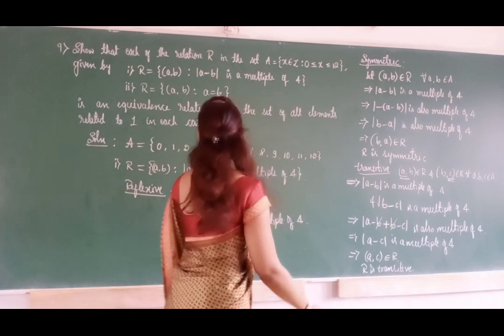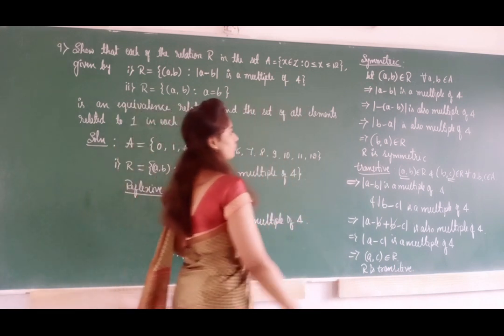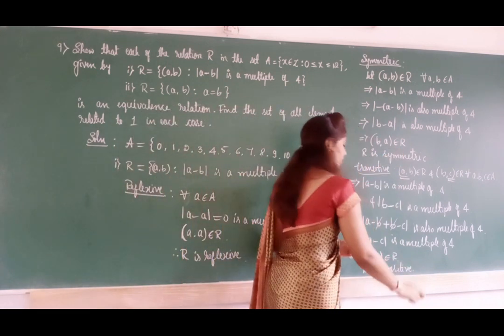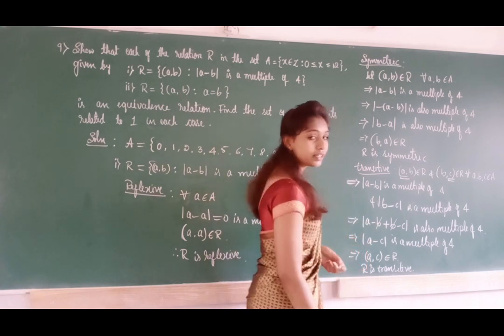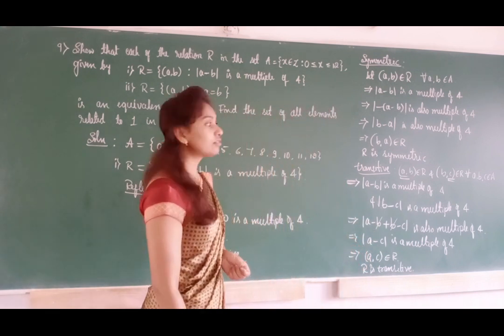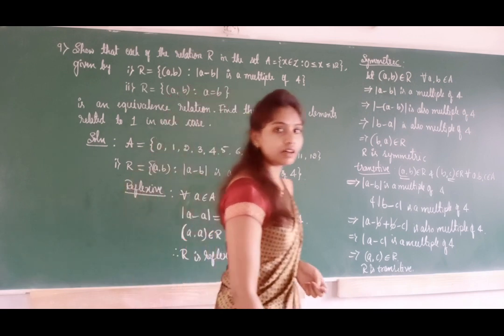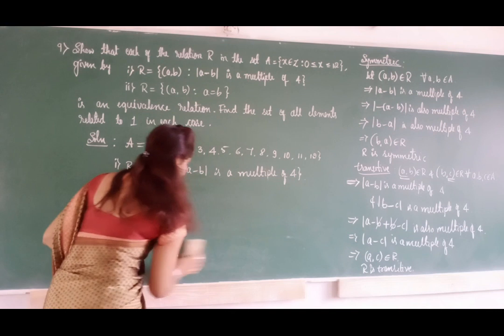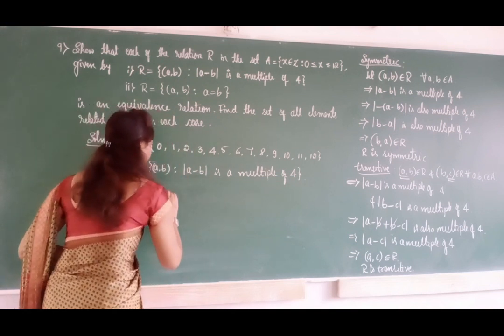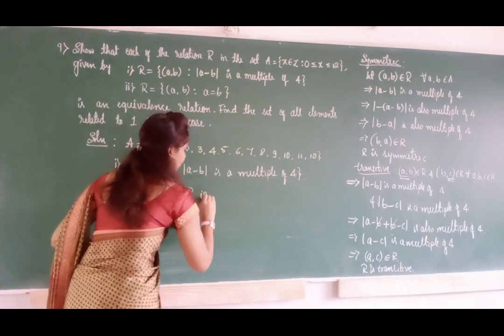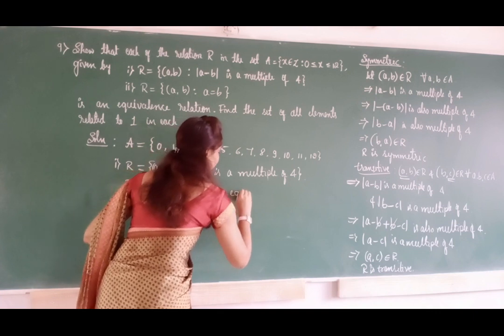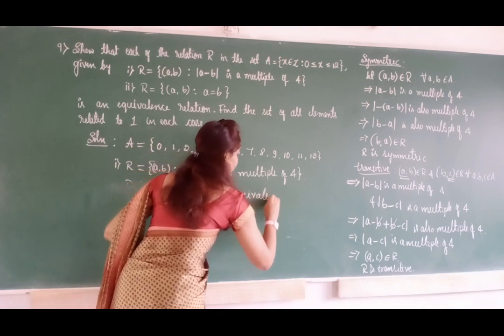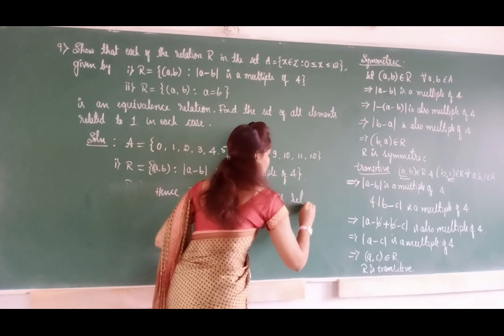Hence the given relation is reflexive, symmetric as well as transitive. Then we have to say that the given relation is an equivalence relation. Therefore R is an equivalence relation.